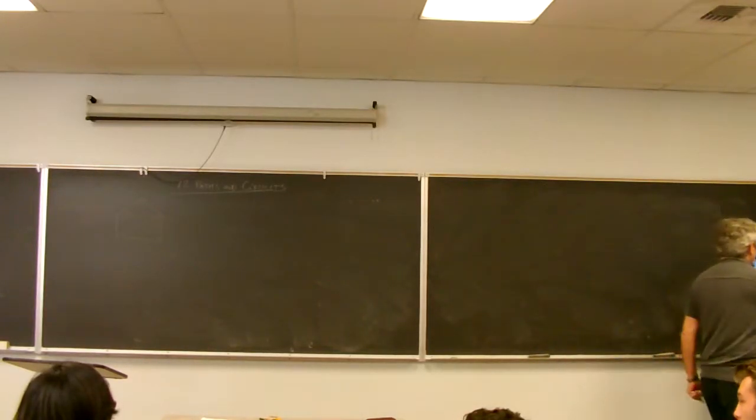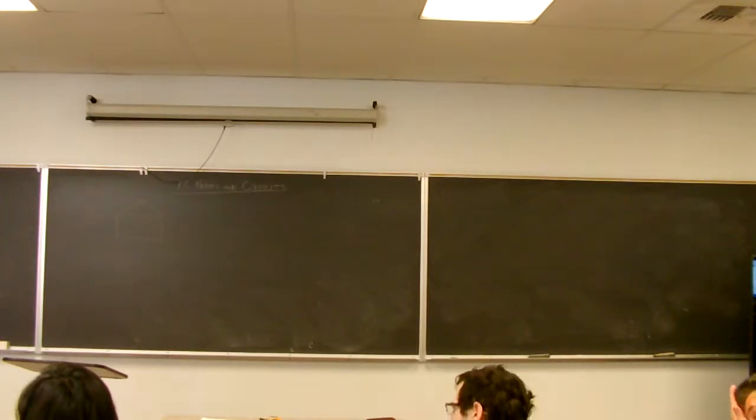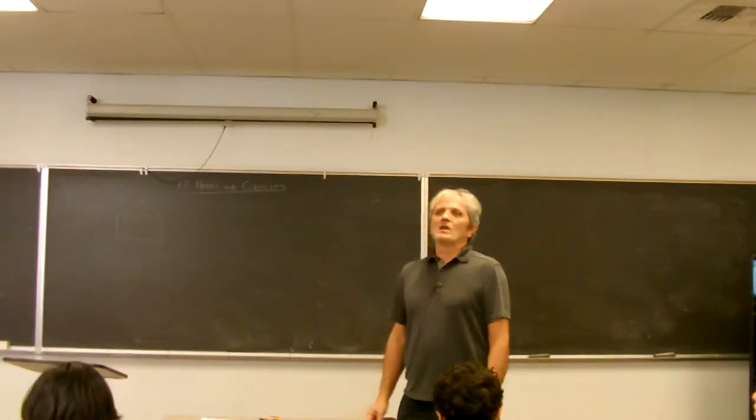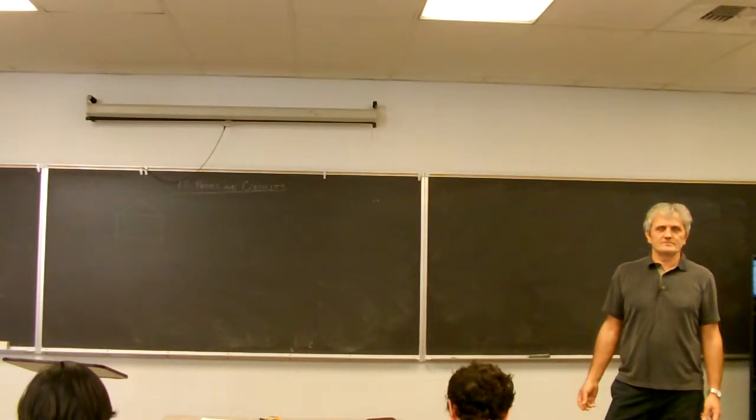So let's go back to our definitions. Again, I'm not going to write it on the board. The definition is that a Hamiltonian path is a path that visits every vertex exactly once, and if it's a closed circuit, then we call it a Hamiltonian circuit.